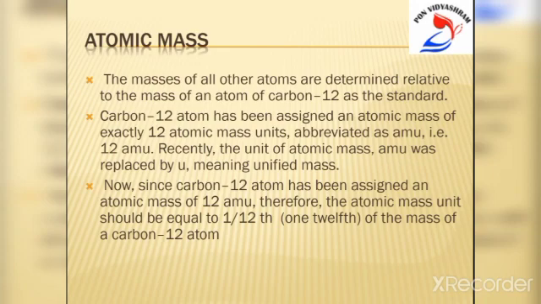For example, the atomic mass of magnesium is 24 u, which indicates that one atom of magnesium is 24 times heavier than 1/12 of the carbon-12 atom. It is clear from the above discussion that the present standard for atomic masses is the carbon-12 atom, which has been assigned an atomic mass of exactly 12 u.